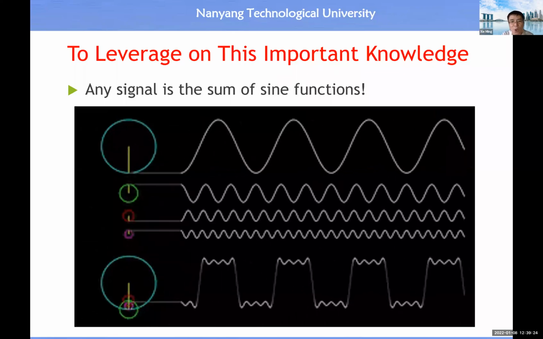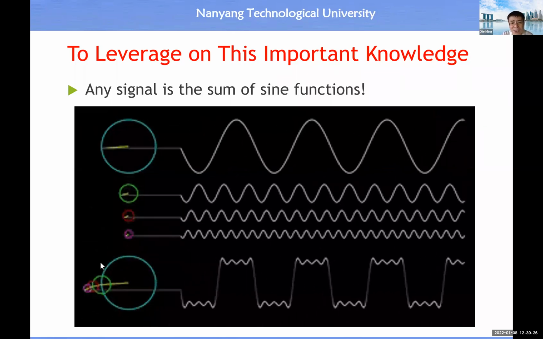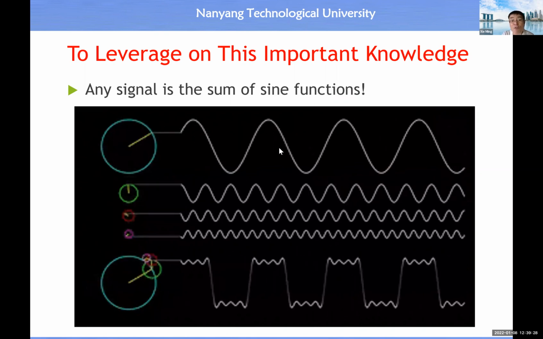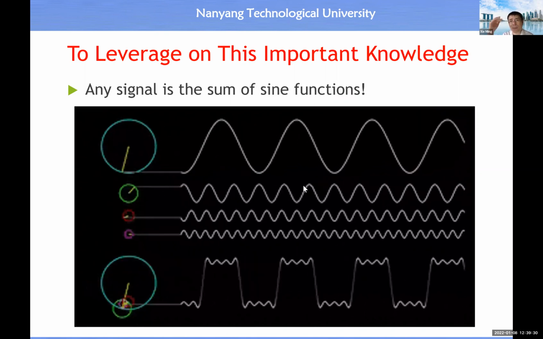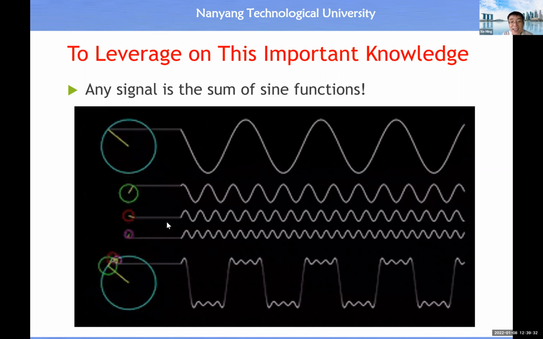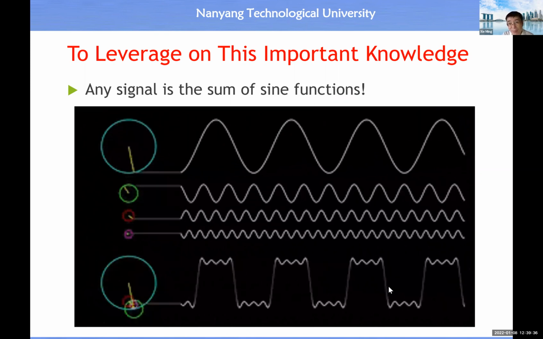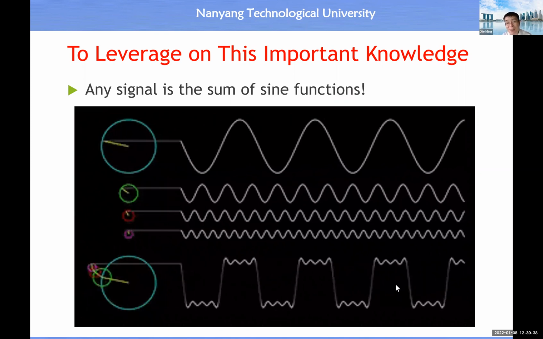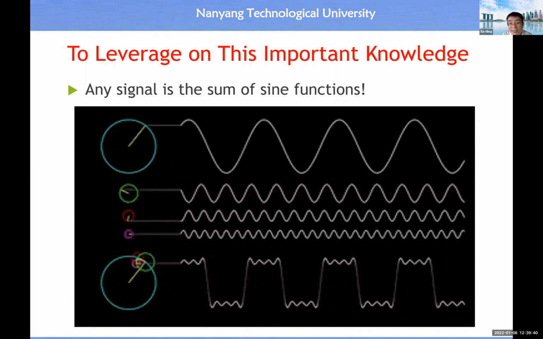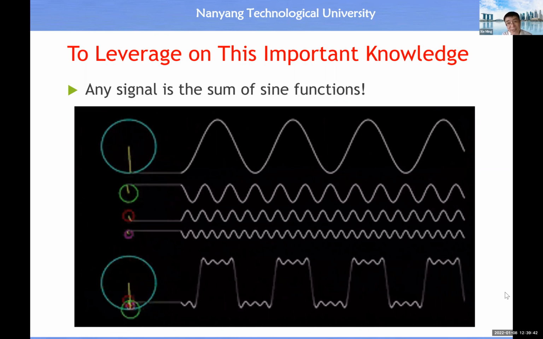This animation shows you adding these four sources of vibration together, and then you will be able to measure these kinds of vibration signals from your sensor. Your sensor will output this type of time function, right?